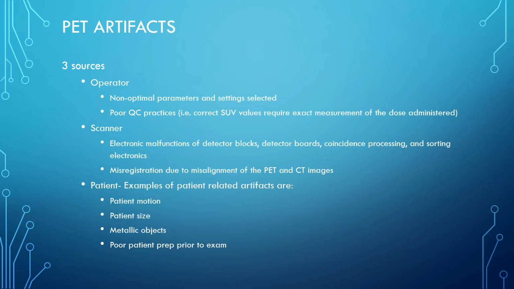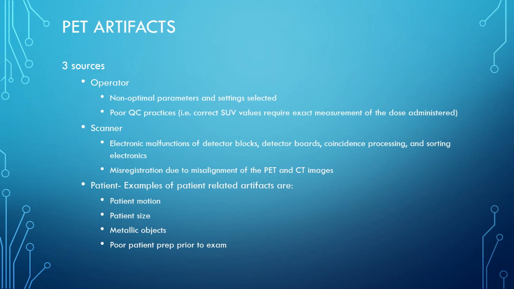Now, there are 3 sources of artifacts with PET, those that come from the operator, those that come from the scanner, or those that come from the patient. With the operator, these could be caused from non-optimal parameters and settings selected, poor QC practices.